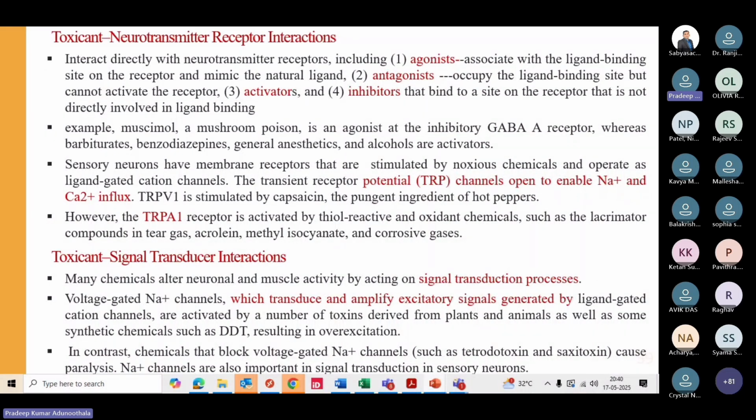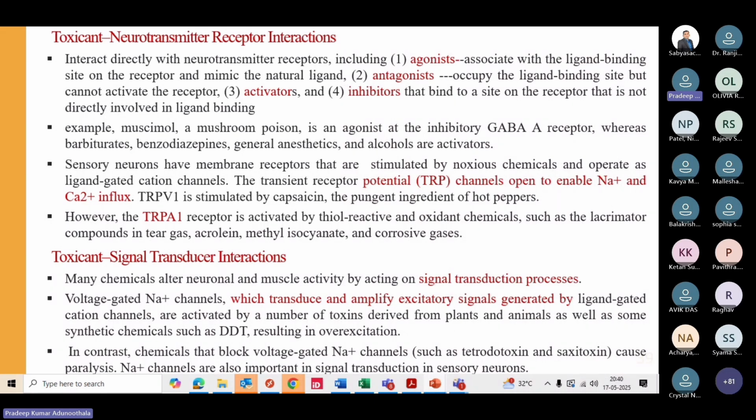Sensory neurons have membrane receptors that are stimulated by noxious chemicals and operate as ligand gated cation channels. The transient receptor potential TRP channels open to enable sodium and calcium influx. Here TRPV1 is stimulated by capsaicin, and that leads to the pungent, irritating effect.